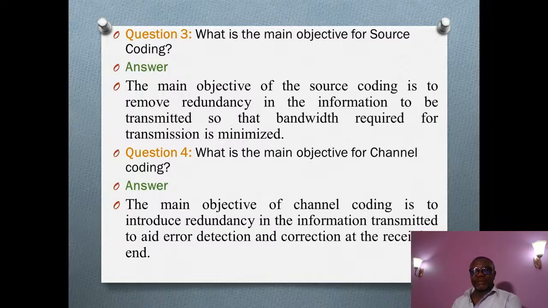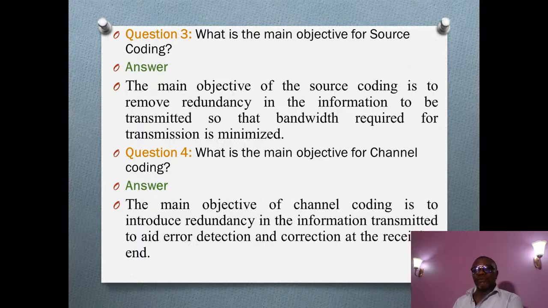Take for instance, you want to send a large chunk of information, and you notice that there are redundant bits that, when you remove them, will not hinder the information you're going to send.